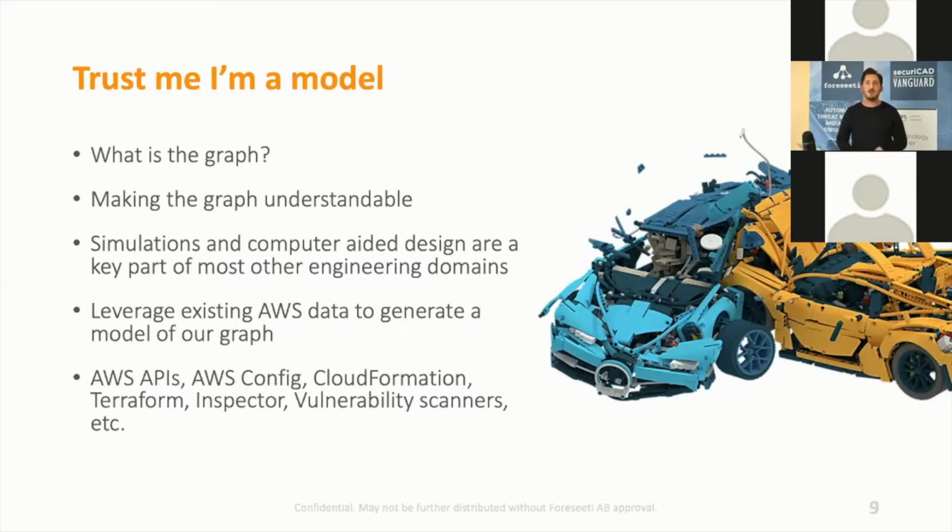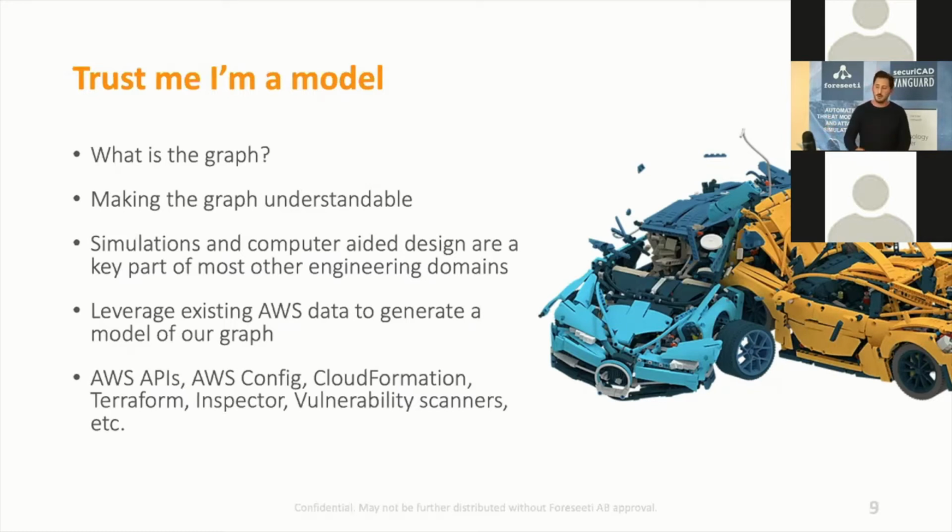So how can we make this graph understandable? Well, we can build a model of our graph and try to understand it that way. Simulations and computer-aided design are a key part of most other engineering domains. So let's say you want to build a supercar. You then build a 3D model of it first. You crash it in a simulation.